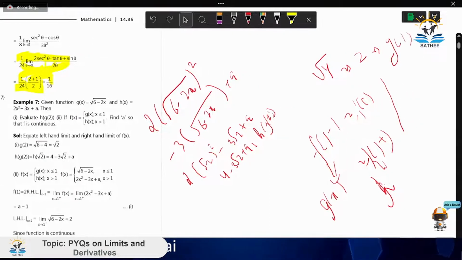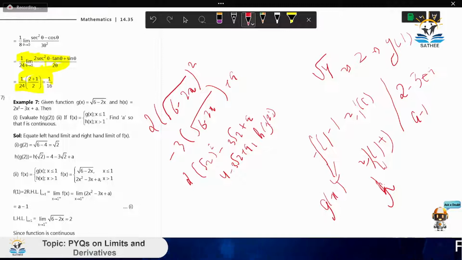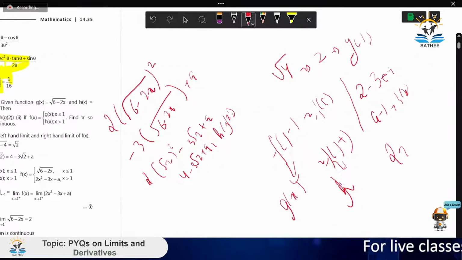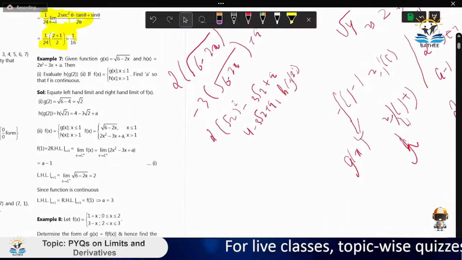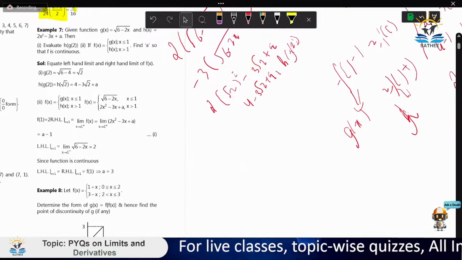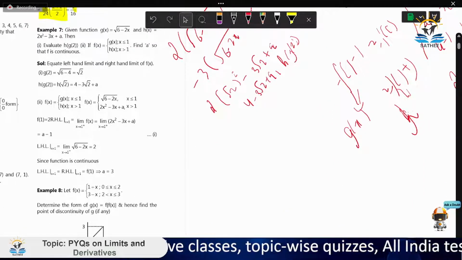And h of 1 looks like 2 minus 3 plus a, so a minus 1 is h of 1. And this should be equal, so 2 should be equal to a minus 1, so a should be equal to 3. Yes, a has a value of 3. I don't know what was so tough about it, but okay.